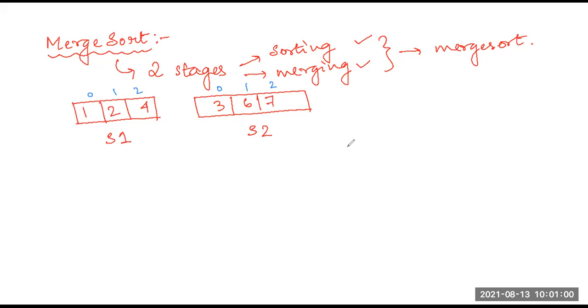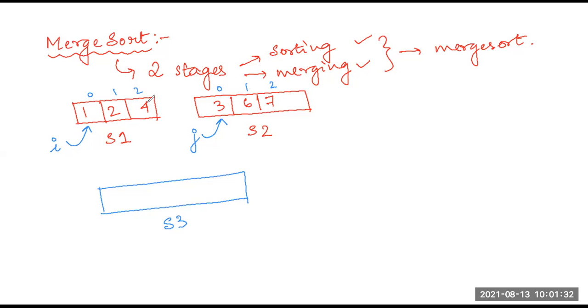So what happens is there is a counter for the first array which I refer to as I. There is a counter for the second array which I refer to as J. There is another separate array, suppose I am naming it S3, and this S3 will contain all the elements of S1 and S2, in sorted order.